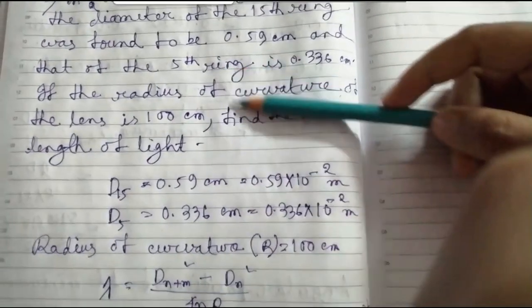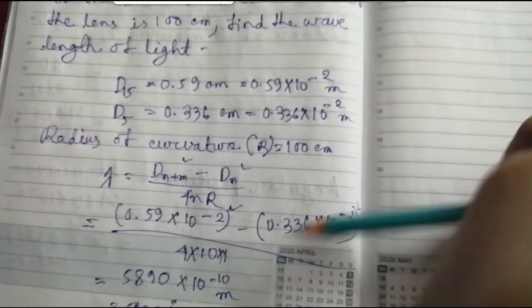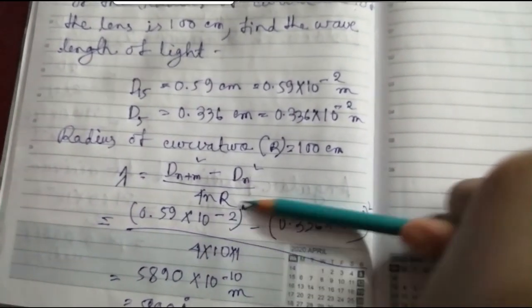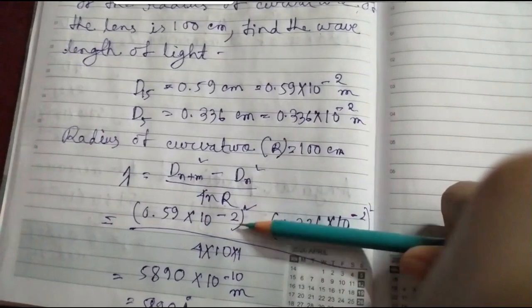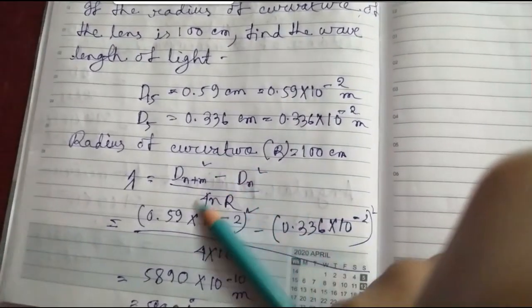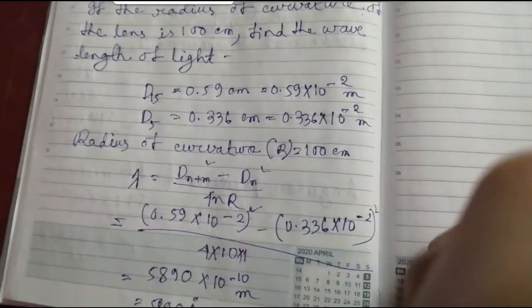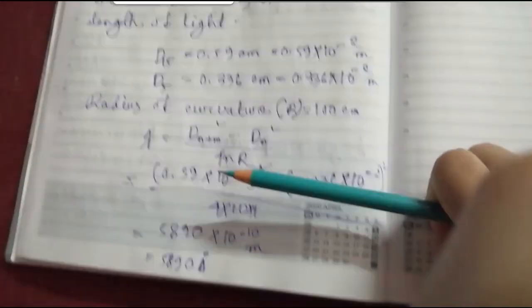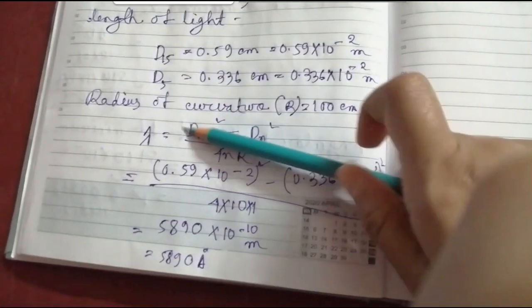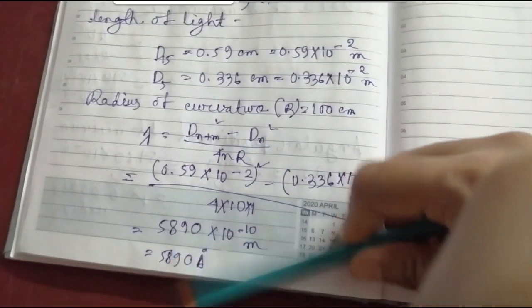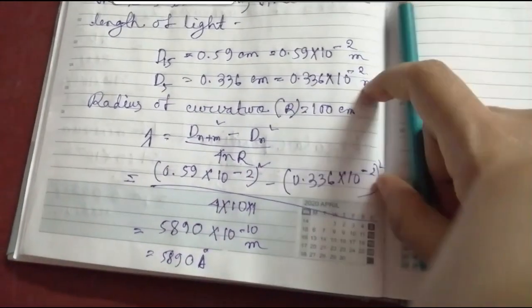This derivation we had done in our theory, so if you practice, you can get it easily, where R is the radius of curvature of the plano-convex lens, n is the order number and D is the diameter of the ring. If you put these values here, then finally you can get the corresponding wavelength of the light, that is your lambda, and the final answer we are getting is 5890.